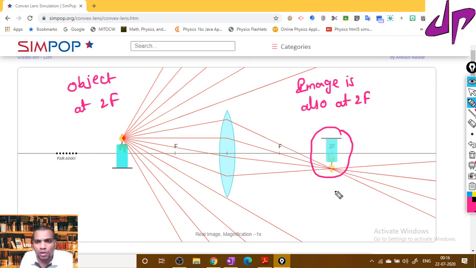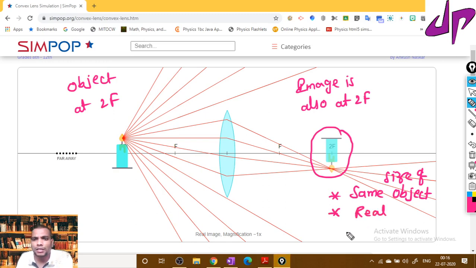And now here you can see the image size is the same as that of the object. So that is the position where we get an image of the same size as the object. Now we can write the nature: the image is real and inverted.